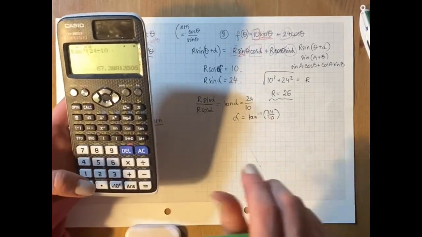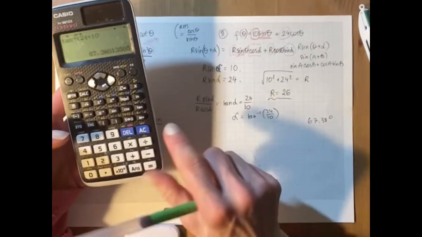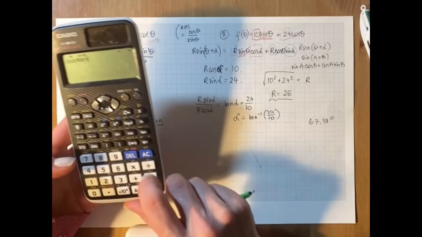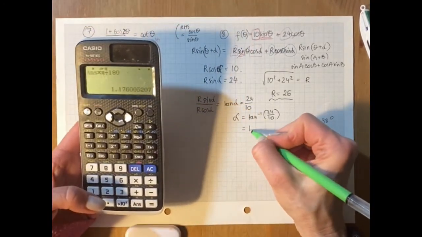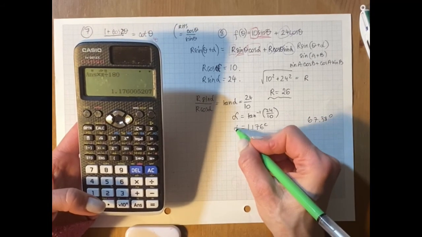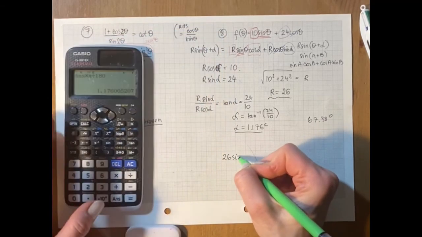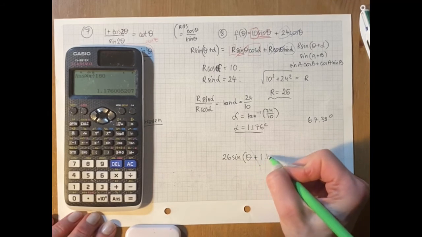Okay, so 67.38 degrees. I'm going to times it by pi and divide it by 180 to give me alpha is 1.176 to 4 significant figures. So the answer would be 26 sine theta plus 1.176.